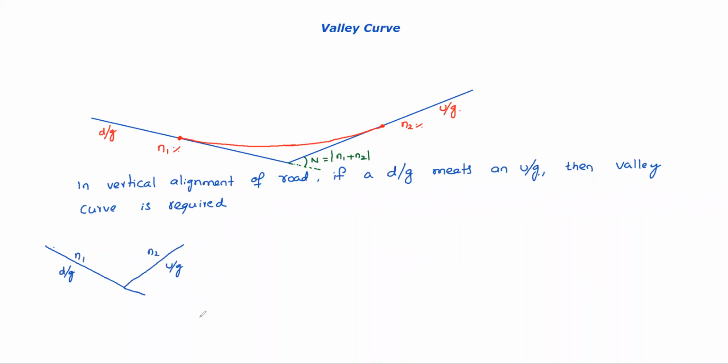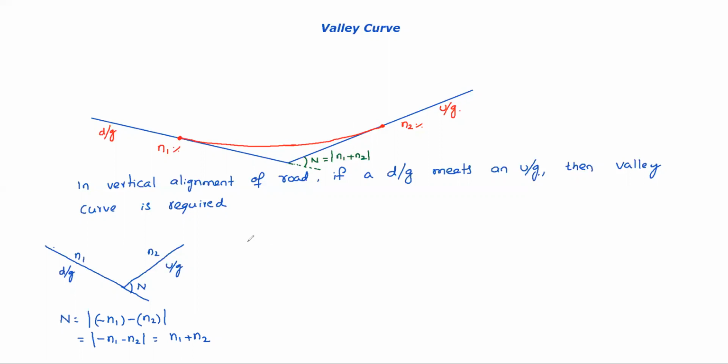So this deviation angle is N. Here N is equal to modulus of plus N1, minus N1. Down gradient means minus N1, minus up gradient is N2. That means minus N1 minus N2, which is equal to N1 plus N2. Okay, that means if you remove the modulus, that is N1 plus N2, positive values.